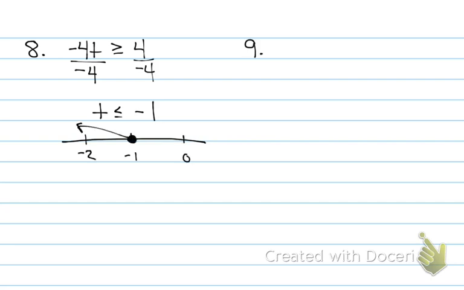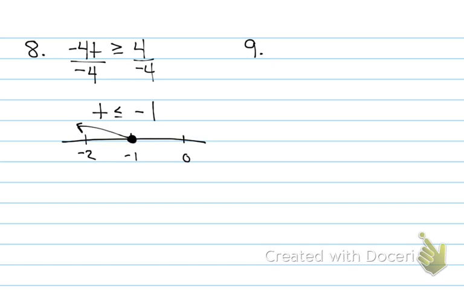All right, number 9 gets tricky. Why do you think I say that about number 9? Because the variable's on the right side, so it's essentially backwards. And then you had to divide by a negative, so you have to switch your inequality again. That's why I said in the first section, it's a really good idea to write it in the correct order and then solve it.